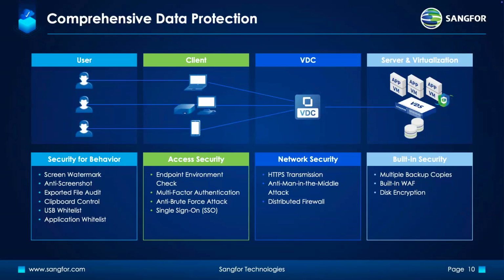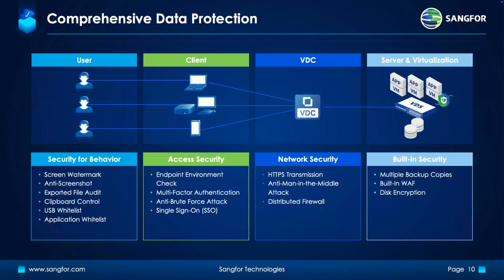Now, looking at how the data is being secured and stored, we have a multi-copy mechanism where every piece of data that the user is going to store will have an additional copy, the original and an additional copy of it. And that is how you will get data redundancy as well. And then at the hypervisor level, we have our built-in WAF that protects from web-based attacks.